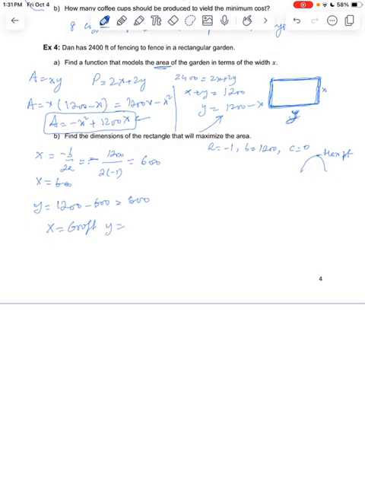So it's better to write that the dimensions that yield max area, or you can write the whole word maximum area, are 600 feet by 600 feet.